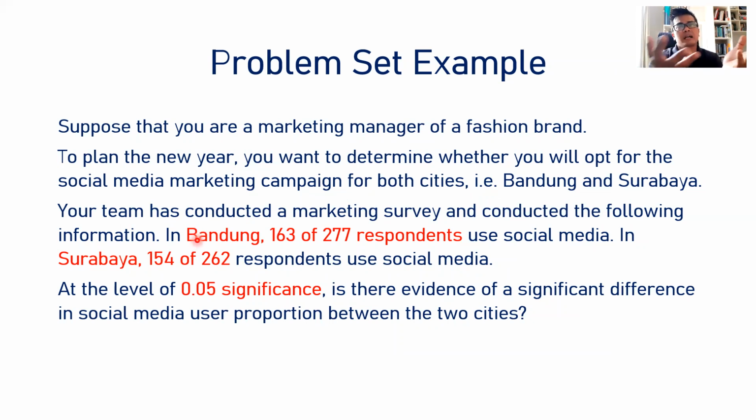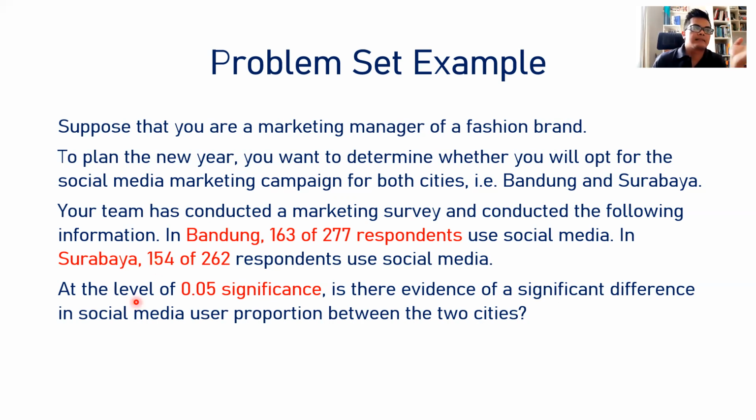Your team has conducted a marketing survey and gathered this information. In Bandung, you interviewed 277 respondents, and 163 out of the 277 respondents used social media. And in Surabaya, you managed to collect 262 respondents, and out of them, 154 are social media users.